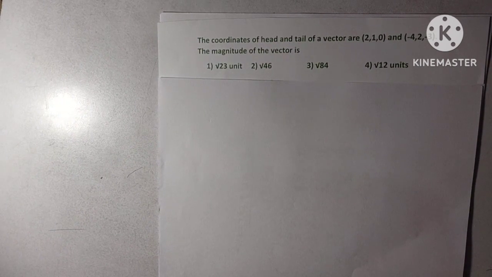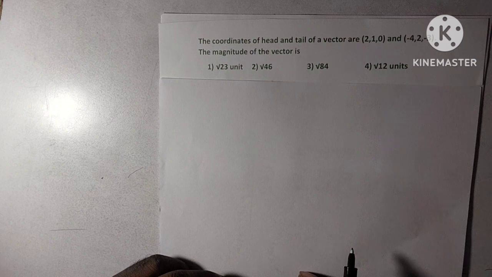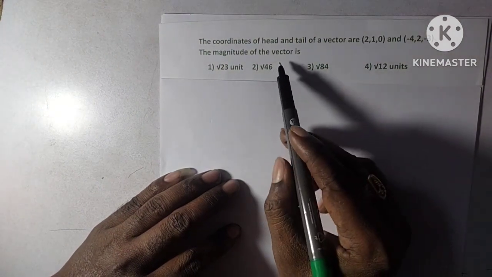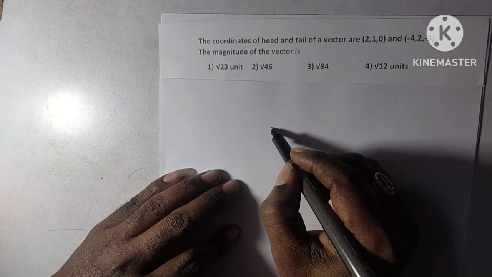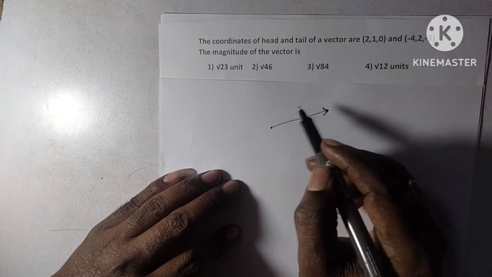The coordinates of the head and tail of a vector are (2, 1, 0) and (-4, 2, -3). So we need the magnitude of the vector. This is the vector, this is the tail, and this is the head.